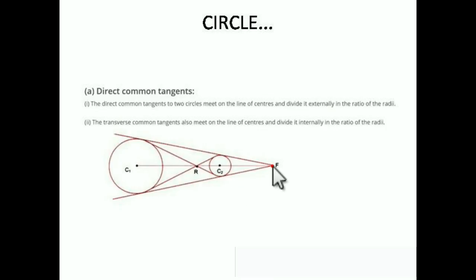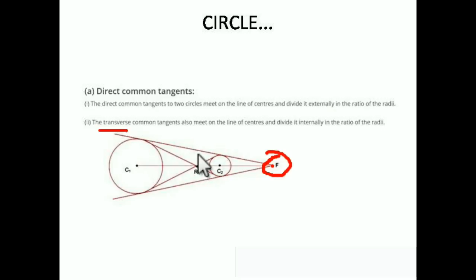To find the ratio, they divide the line of centers externally in the ratio of the radii, that is R1 and R2. Now, if we are talking about transverse common tangents, they also meet on the same line and also divide it in the ratio of the radii, but internally. The difference is that this point divides externally and this one divides internally.